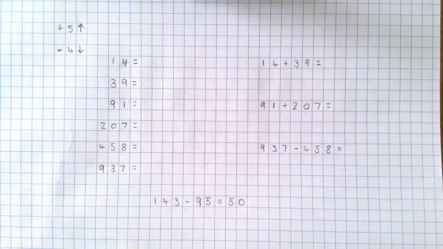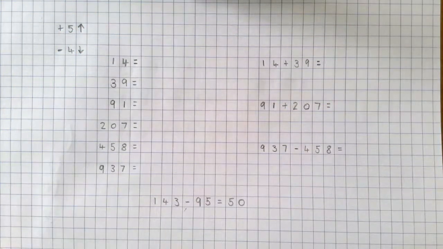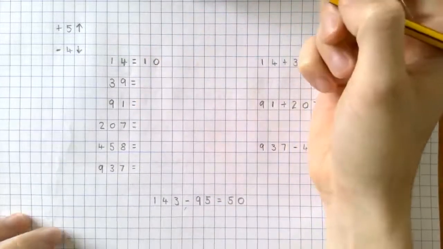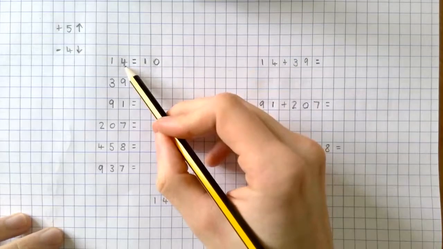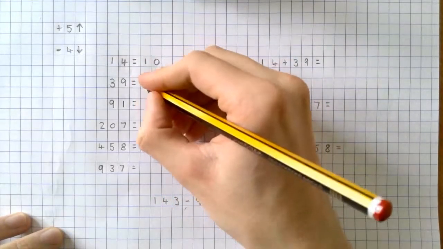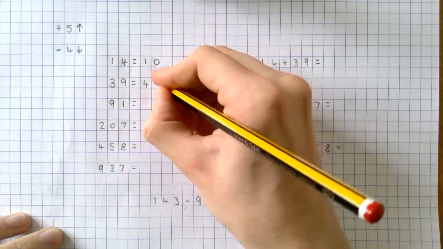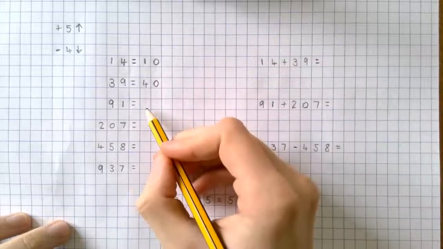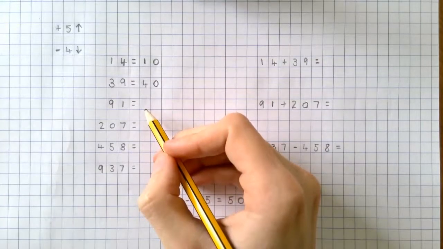So we absolutely can still apply that rounding rule, and that helps us make challenging numbers nicer to deal with. So I know that 14 is closer to 10 rather than 20. I know I'd rather have 39 as 40. Now here, it's where we start to have this conflict and making sure we're getting near numbers.